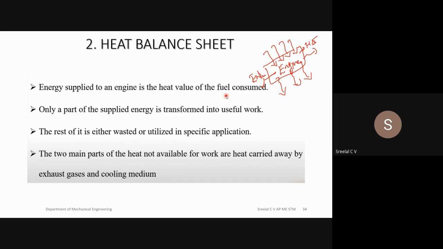After that, pumping work loses energy in the form of friction, and then we get useful work in the form of brake power. So only a part of the energy supplied by the fuel is transformed into useful work, right?